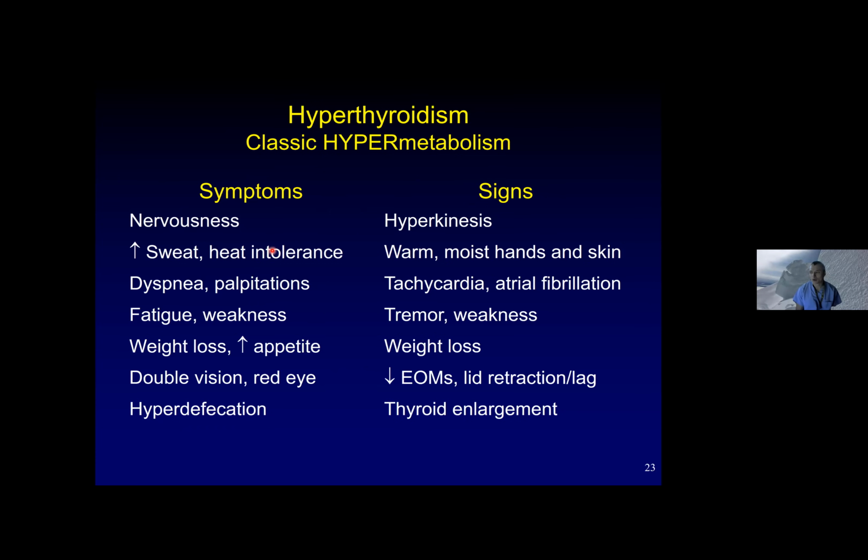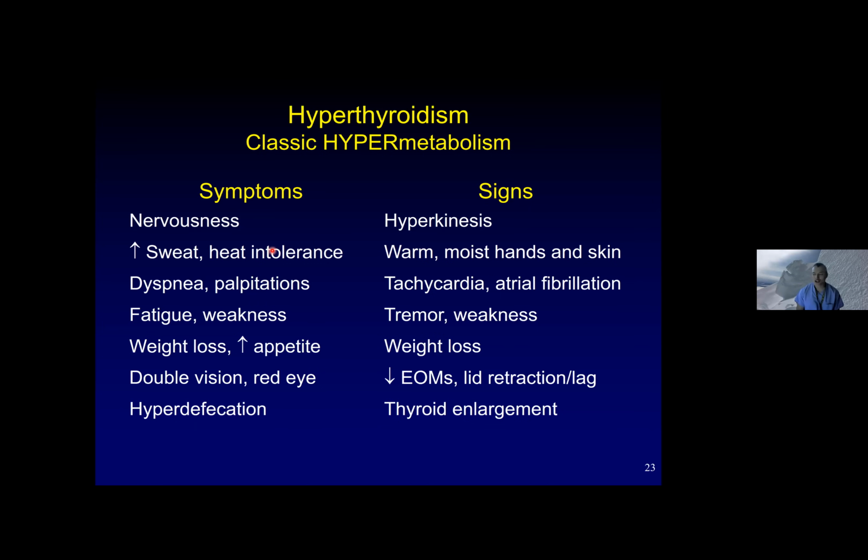And the signs include hyperkinesis, hands that are warm and moist, tachycardia or AFib, tremor, weakness, weight loss, decrease in the extraocular movements, lid retraction and lag, and thyroid enlargement.